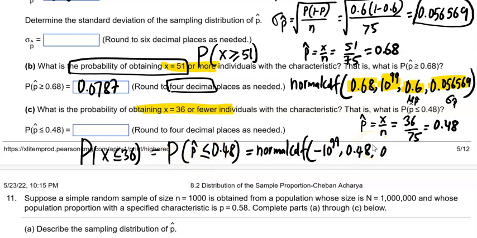The mean is going to be the same 0.6 as before. This is the same mean we're going to use because you have the same question. And the standard deviation is going to be 0.056569.